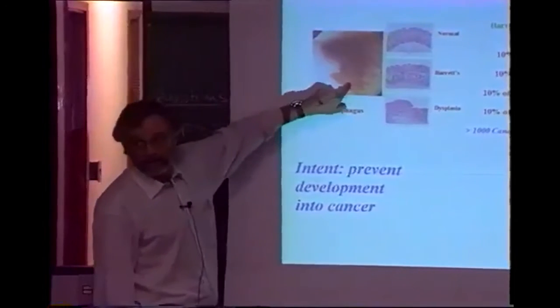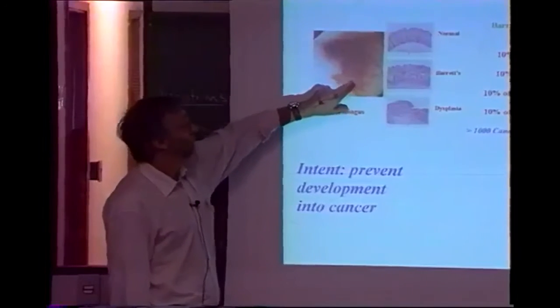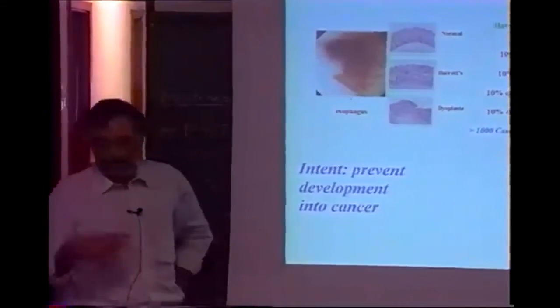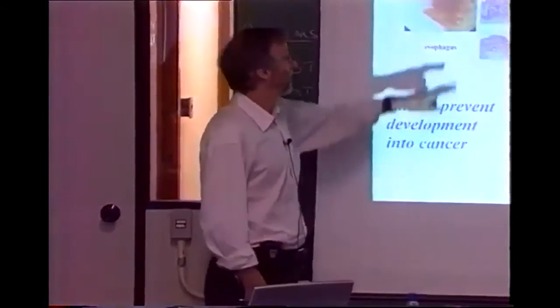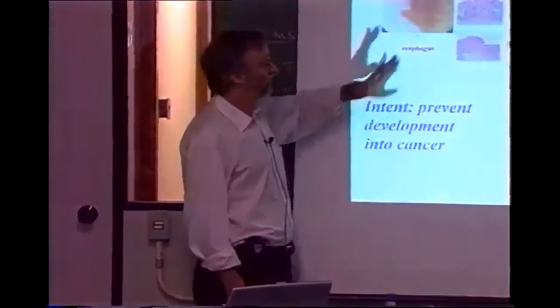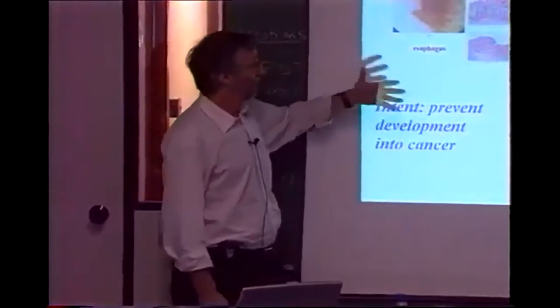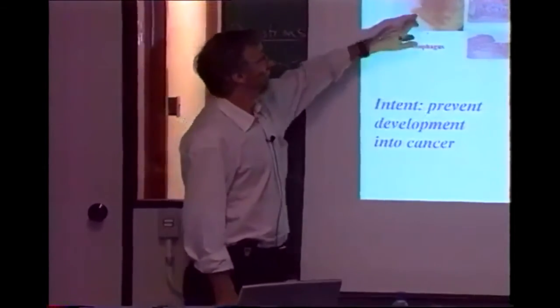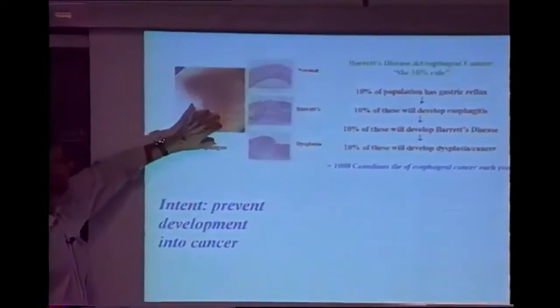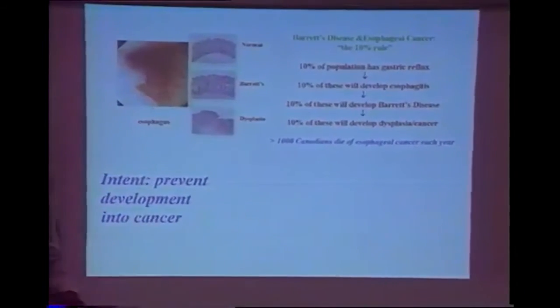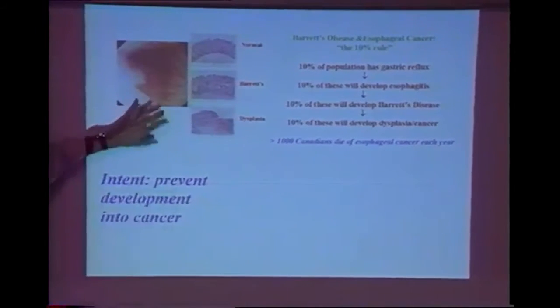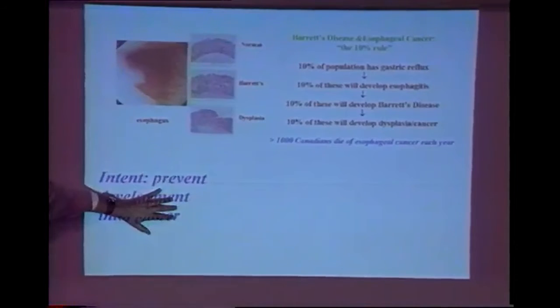This is not malignant, but there is a 50 to 100 times greater probability of developing dysplasia and cancer if you have this condition. And so the idea of PDT here would be to treat this, eliminate the abnormal mucosa, allow the normal mucosa to repopulate and so reduce the risk of developing cancer.